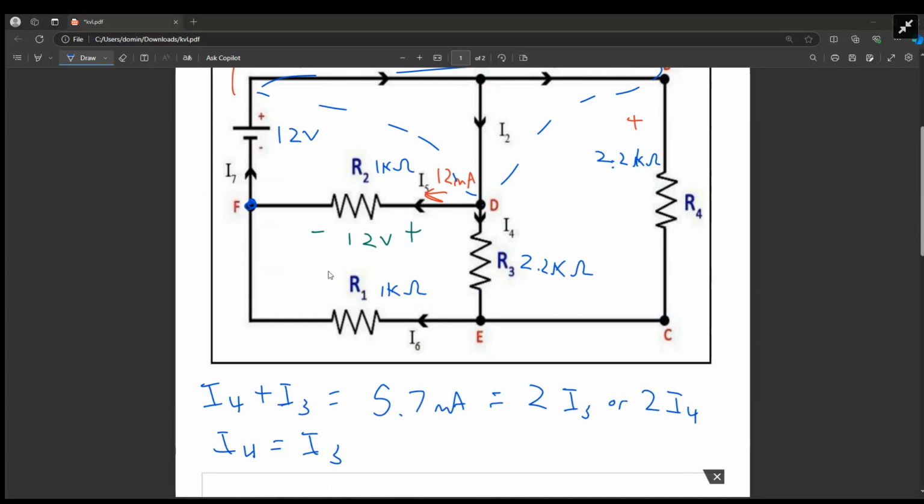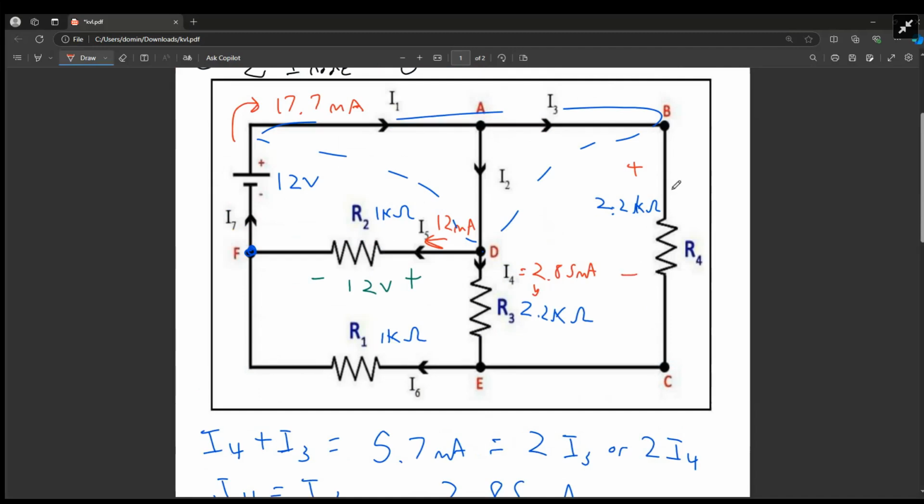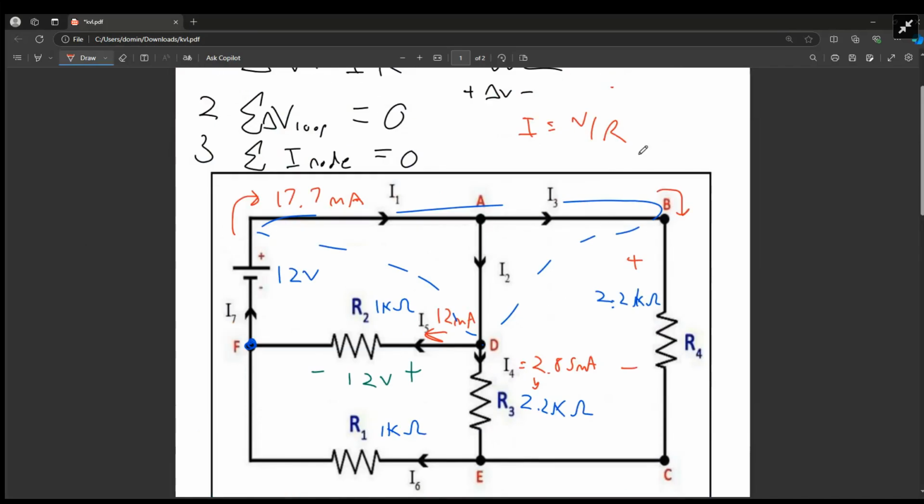So I could do 5.7 divided by 2. 5.7 divided by 2 is 2.85 milliamps. So that means that our I4 is going to be 2.85 milliamps going down. And this is going to be I3. This will also be 2.85 milliamps.